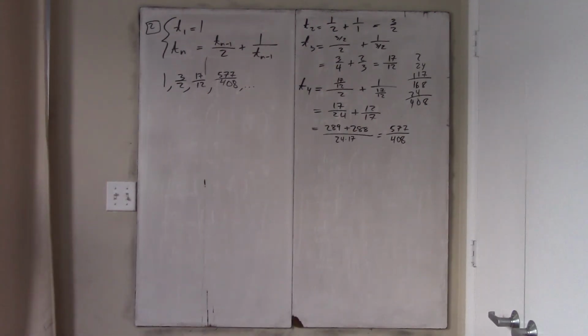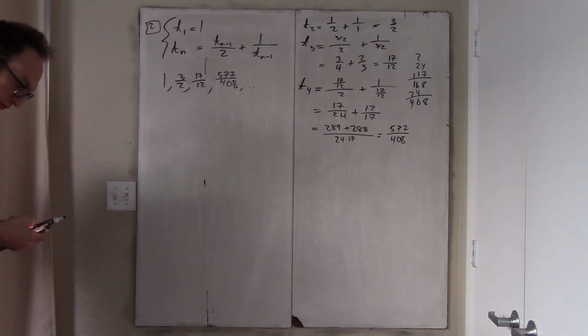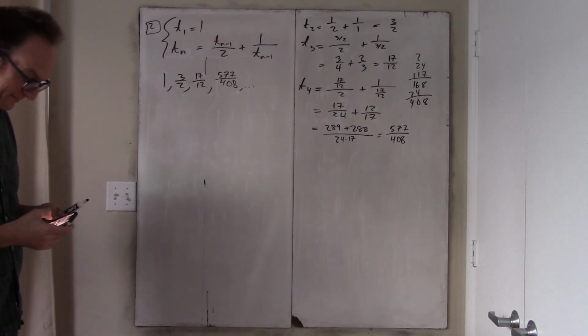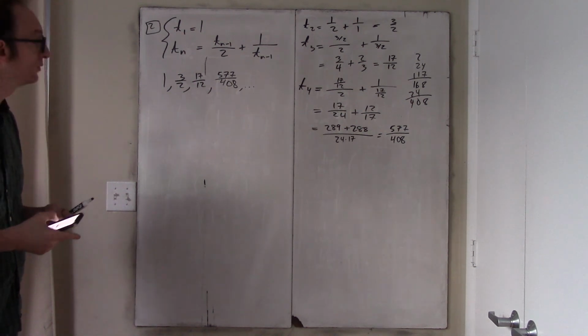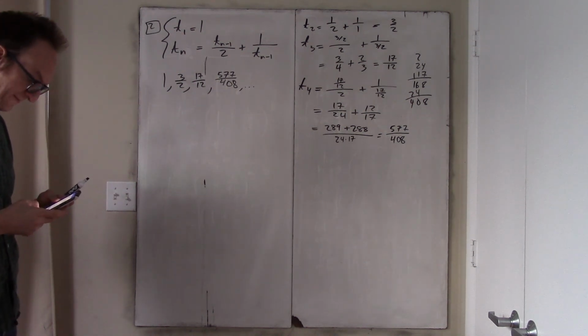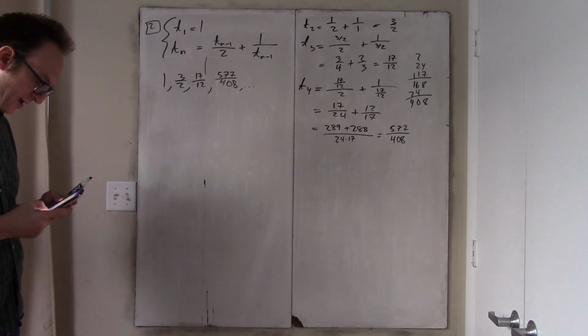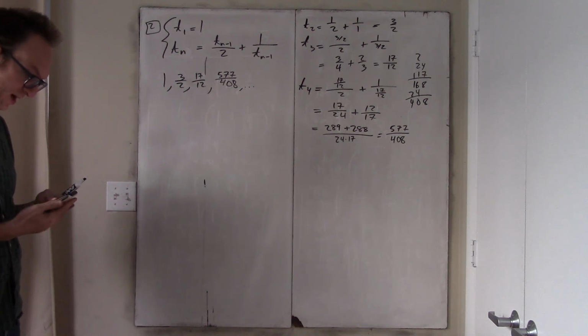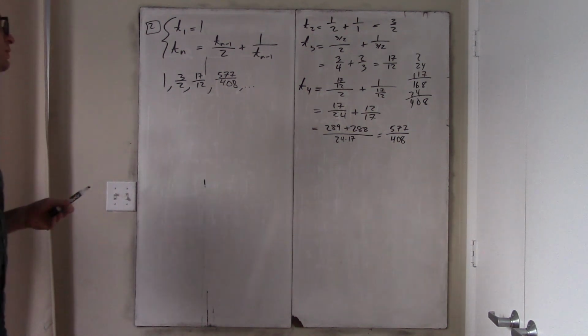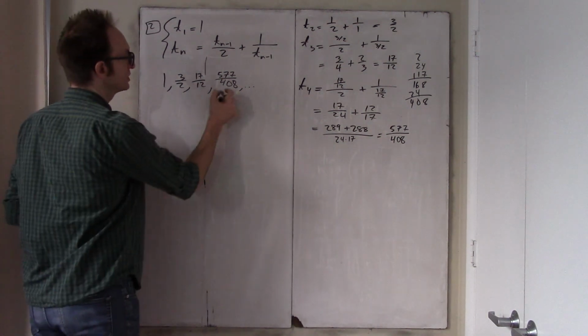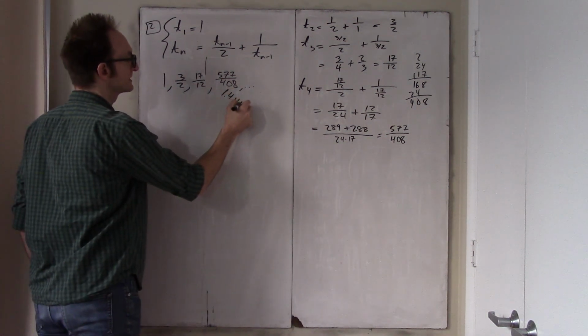But, going through this one more time, 577 divided by 408 equals 1.4142.